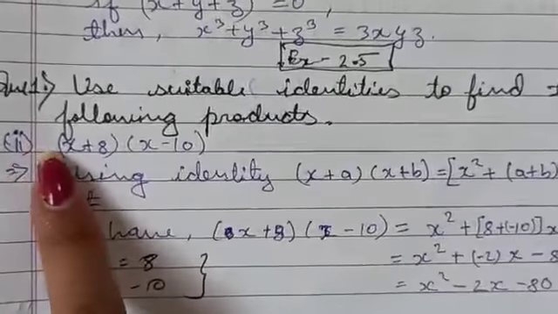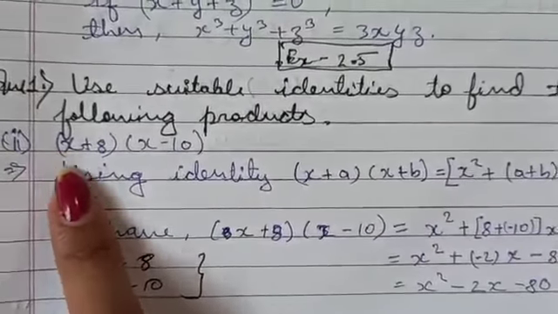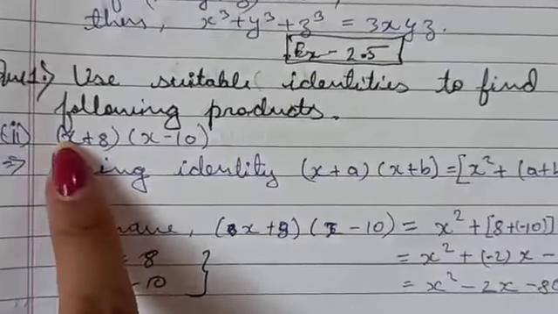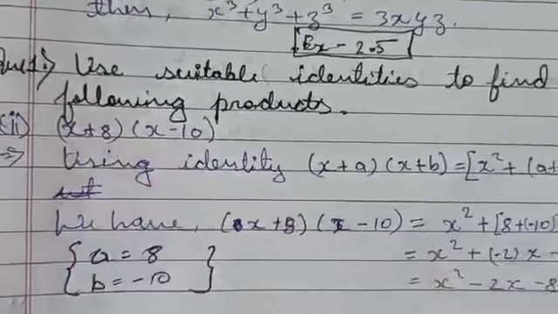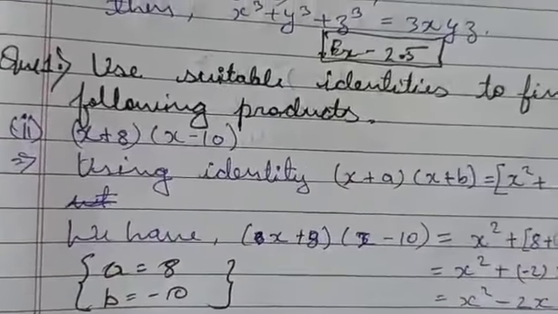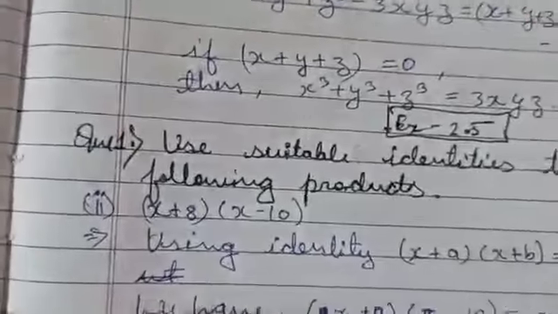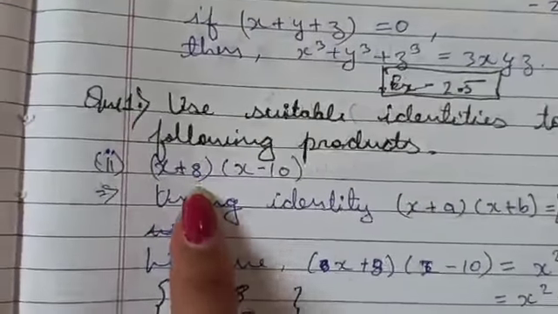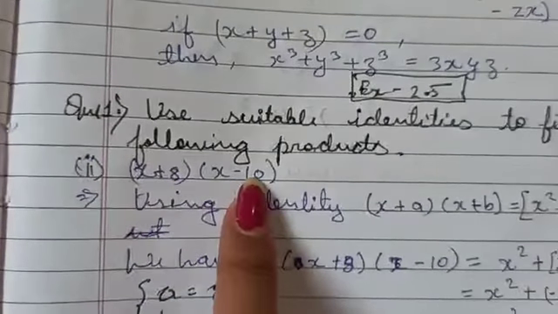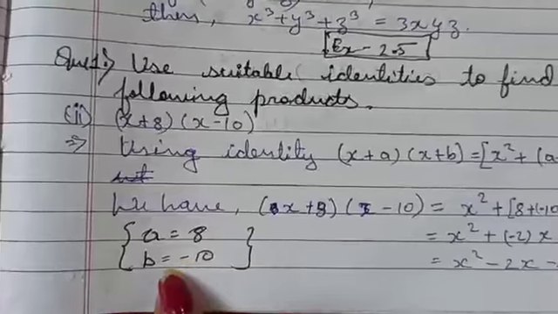So here x is as it is. Now the value of a is 8 and the value of b is minus 10.